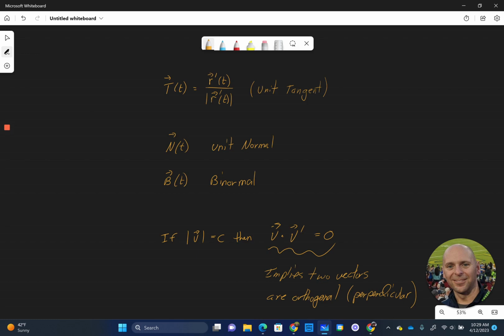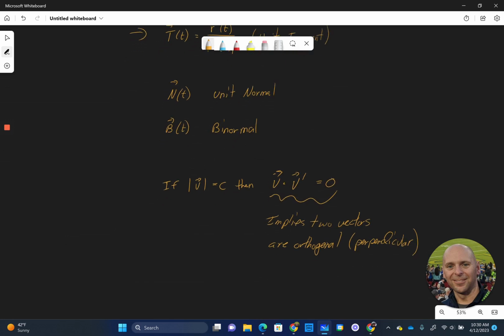So this gives us a way to now find that perpendicular vector. So if we apply this rule to our unit tangent here, what it says is if the magnitude of t is equal to a constant, and we happen to know because it's a unit vector, its magnitude is 1, then we have that t dotted with its derivative must be equal to 0.